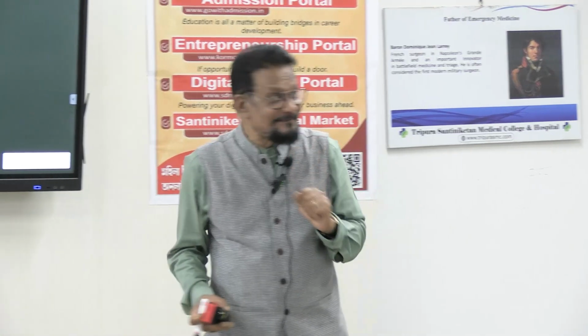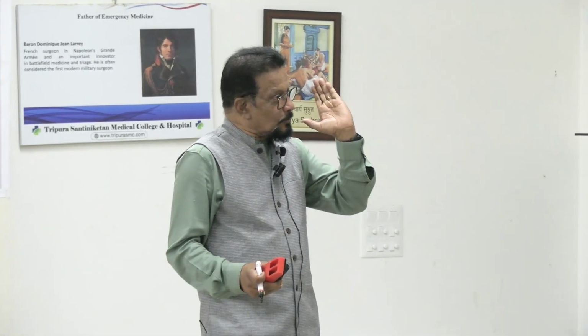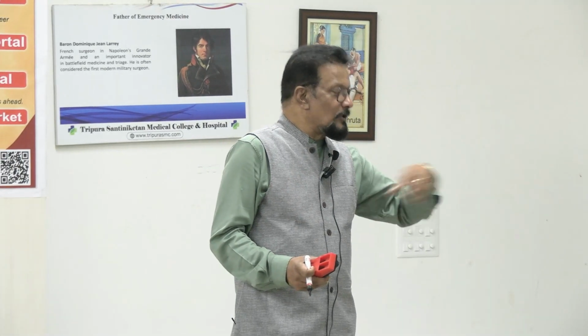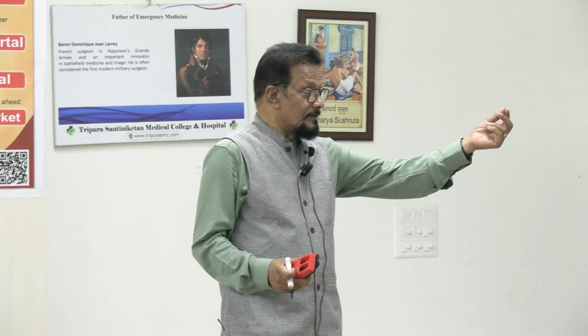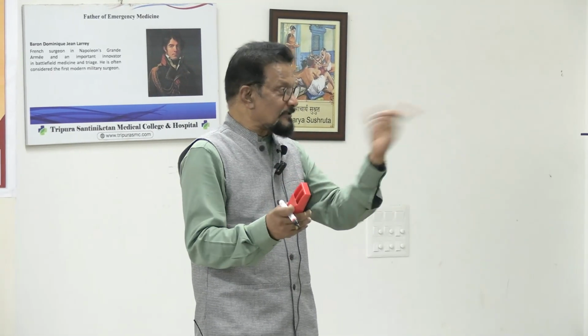But what will happen if I add some drug that will collapse my sodium-potassium ATPase pump? What will happen to the cell? Sodium that has entered will not be eliminated, will not be sent back to the exterior. There will be accumulation of sodium.